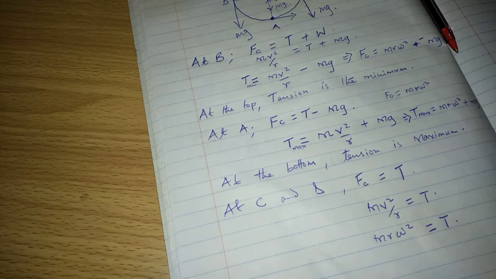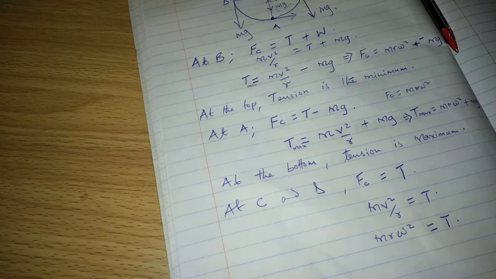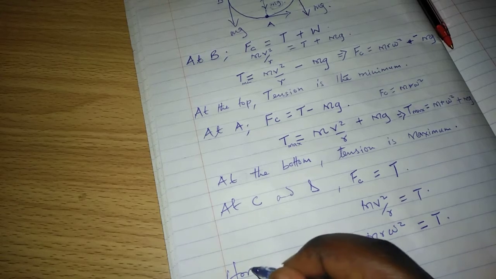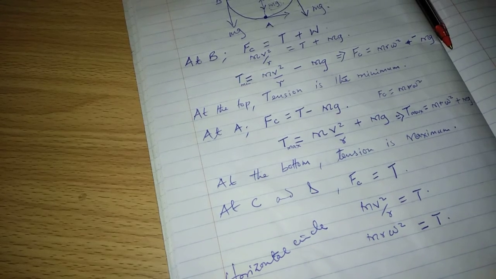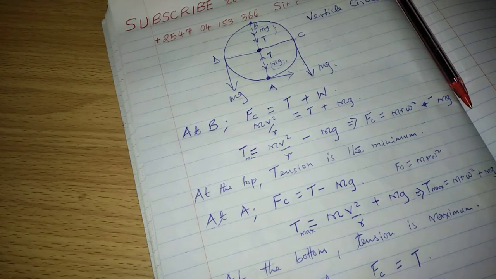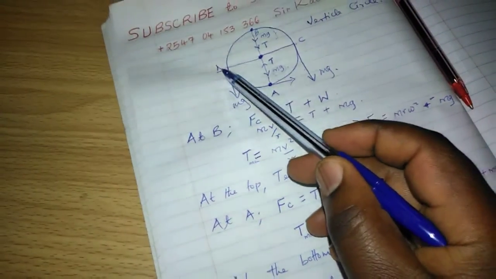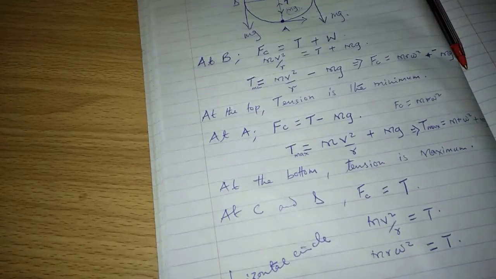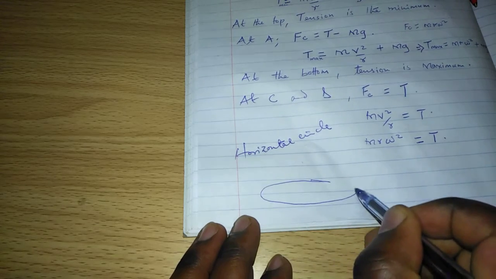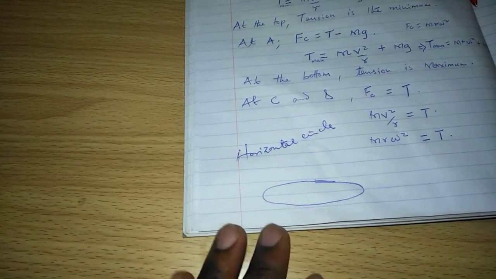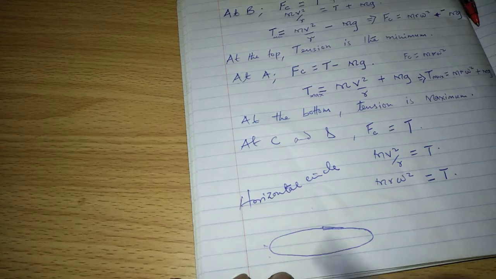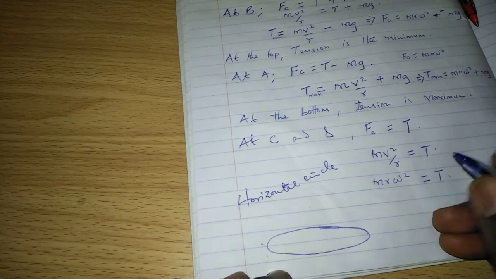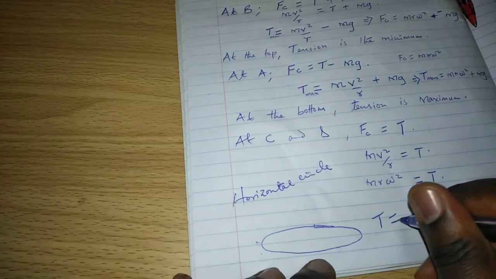It is important to notice that when the circular path is horizontal, so on a horizontal circle, the tension and the centripetal force behave like positions D and C, such that uniformly, because the circular path tries to trace a path which is horizontal, then we usually say that at any given moment along the circular path which is horizontal, tension is uniform.